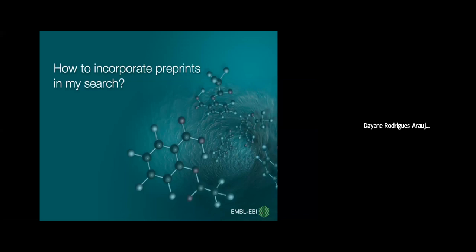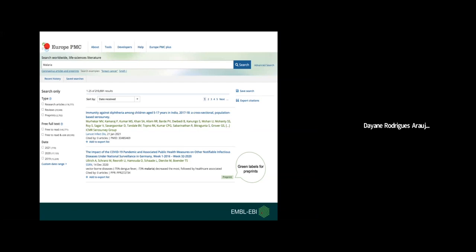So how do I incorporate preprints in my search? Preprints in Europe PMC are clearly identifiable by the green preprint label on the right-hand side of the search result list, as you can see on this slide.